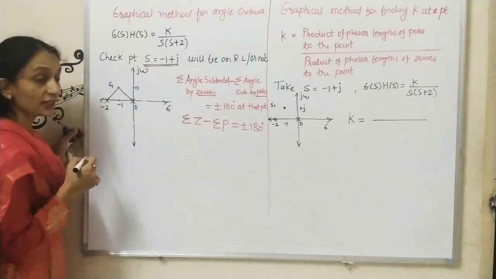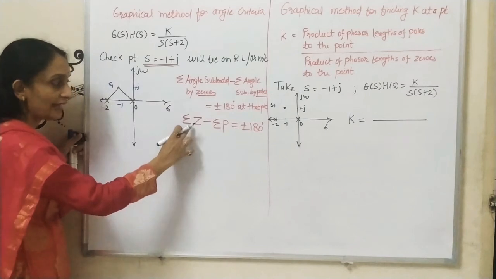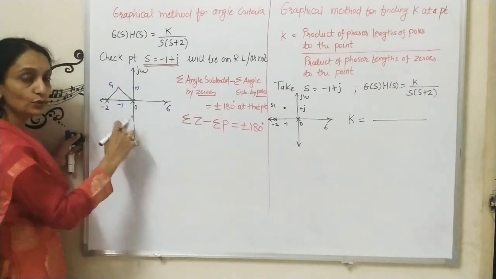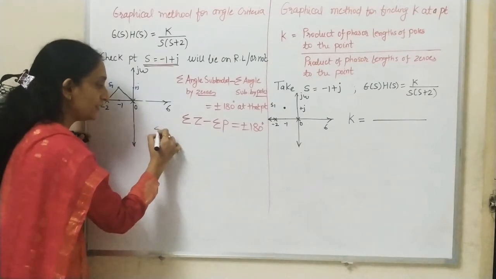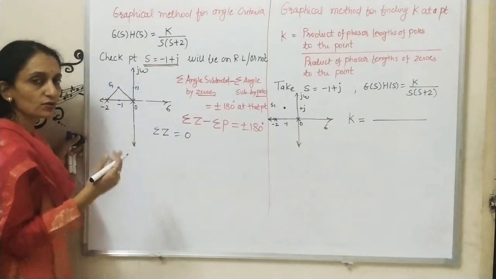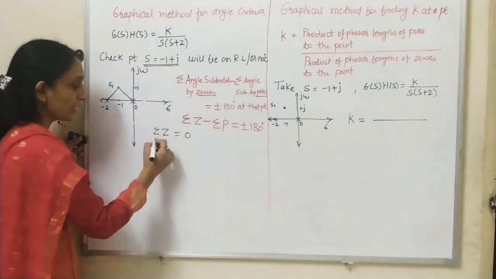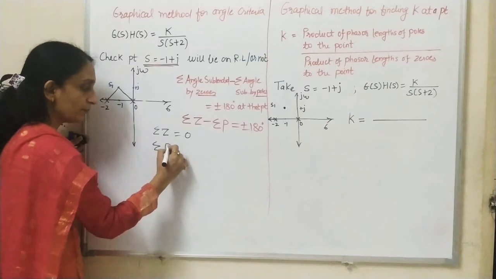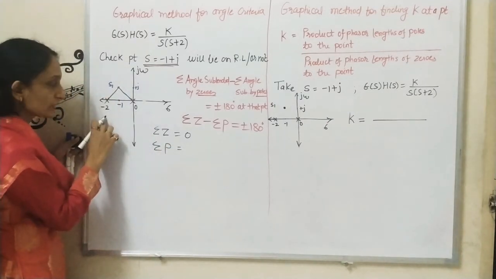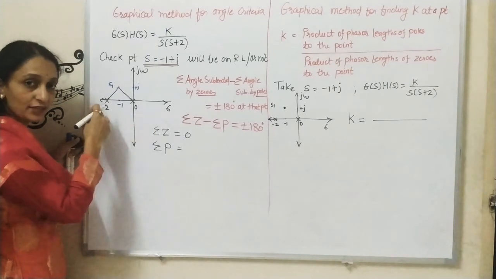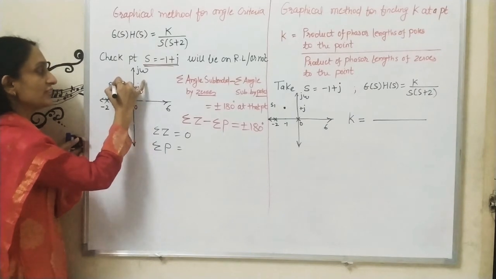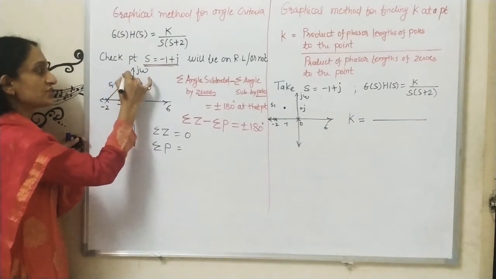Now I have to calculate the angle subtended by zeros. Is there any zero here? No. So I will write here that the angle subtended by zeros is equal to 0, because no zeros are there. Now I will check the angle subtended by poles. How many poles are there? Two poles. So I will calculate the angle subtended by the poles with the point that we are considering, and this point is minus 1 plus j.